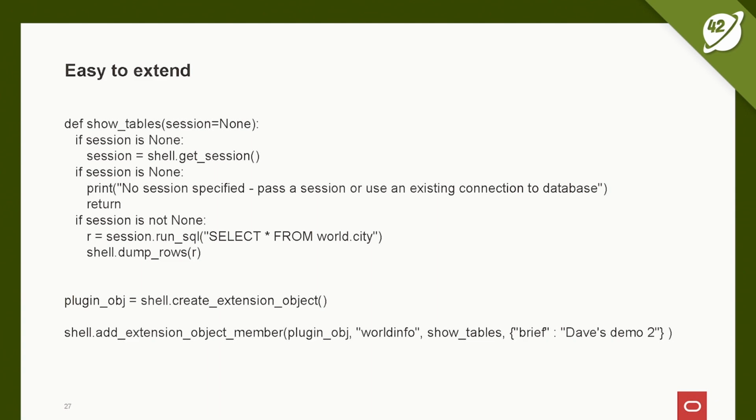If you do have a session, it's basically going to run sql, select from world.city, and then dump out the results. Now the trick to registering it with the shell is we have to have a plugin object, and we create an extension for that. For that plugin object, we give it the name of our function, what we want to call it, and a little bit of help information. As you can see, in a dozen lines of code, it's very easy to set up a basic little query.